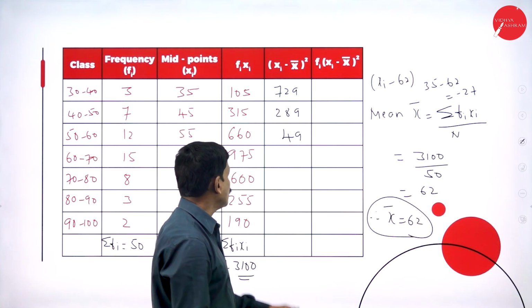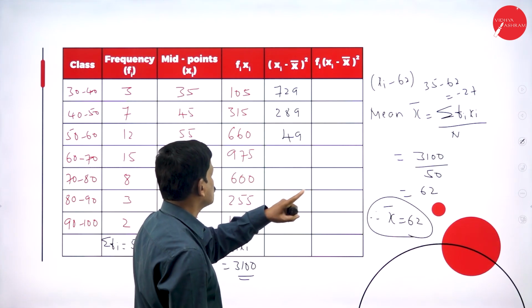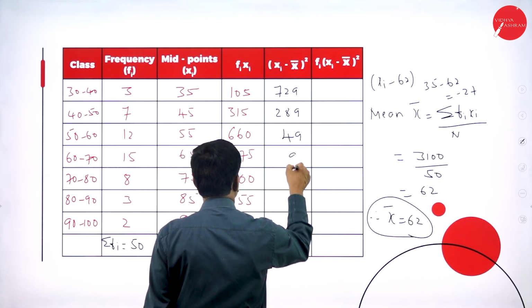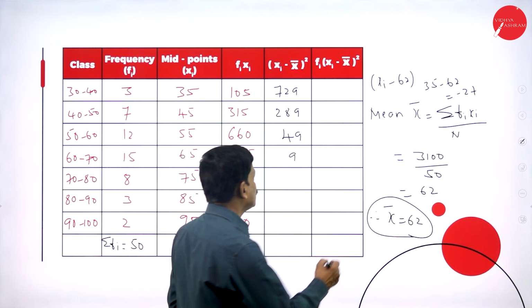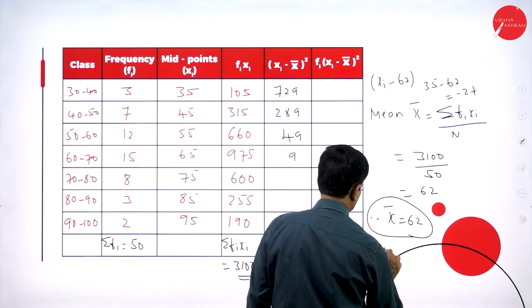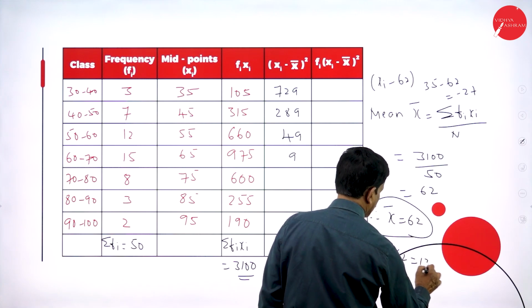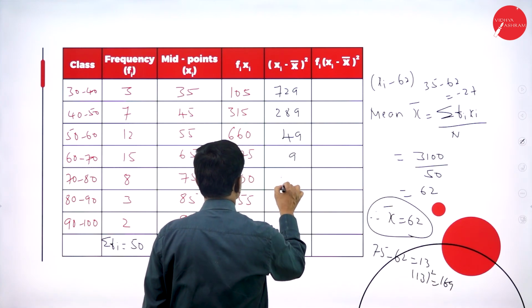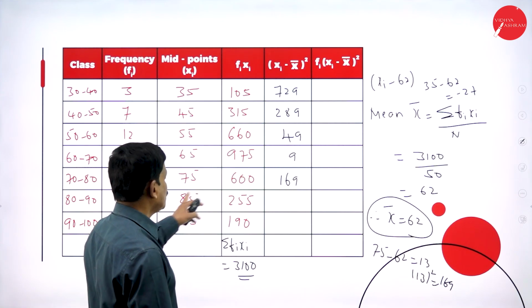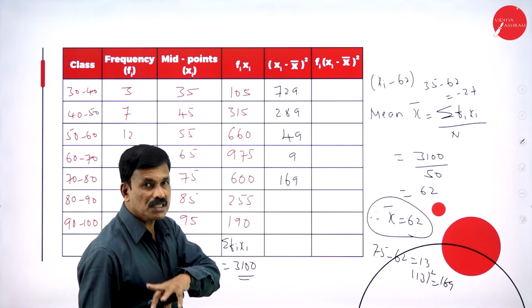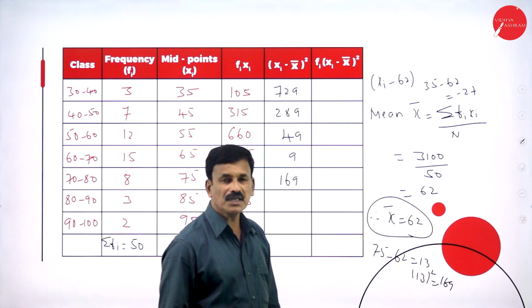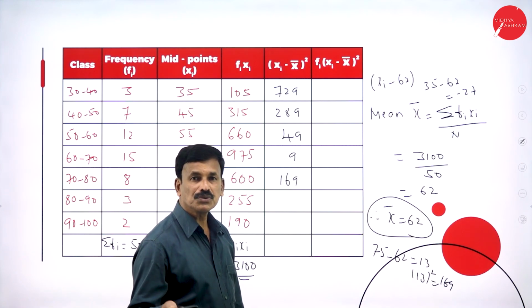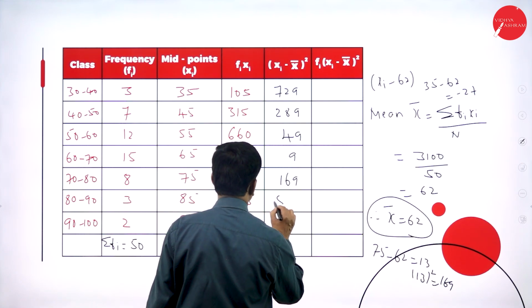Then next value, 65 minus 62 is 3, 3 square is 9. 75 minus 62 is equal to 13, 13 square is 169. Next 85 minus 62 is 23, 23 into 23 is 529.